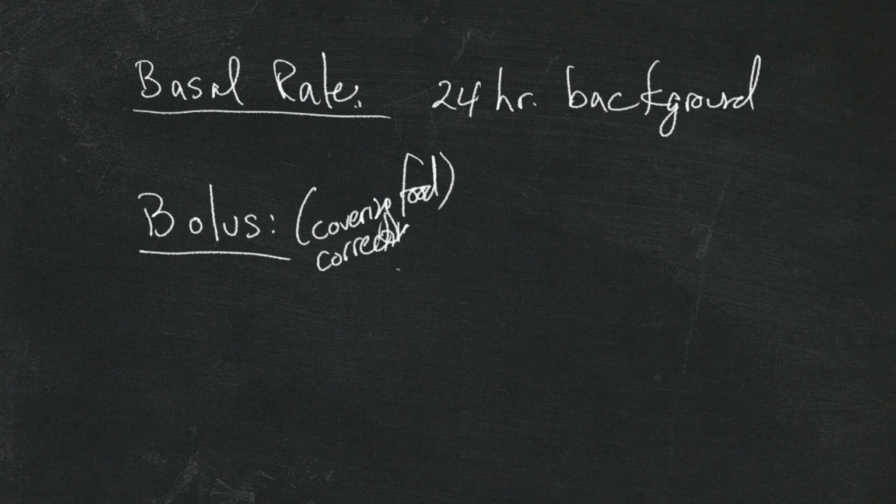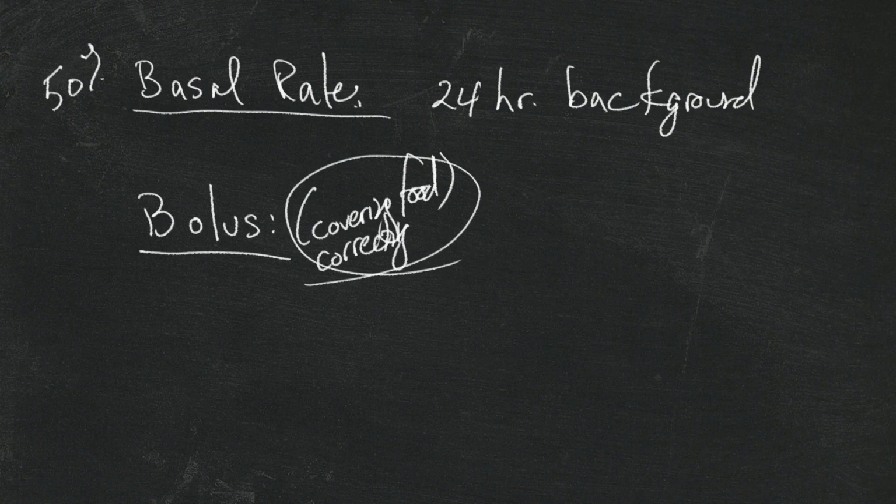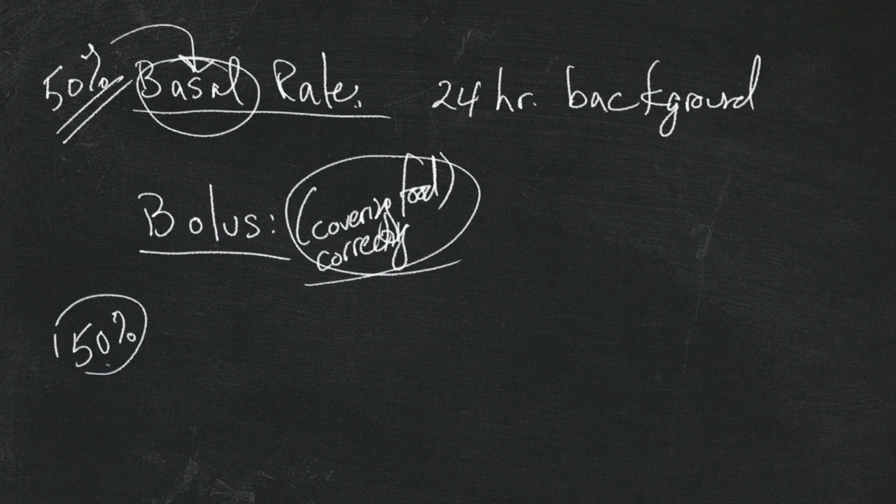And we need that, as I said, for covering food and for quick shots. 50% of your total daily dose is approximately assigned to the basal or the background, and the other 50% you have to play with for your boluses to cover food and making corrections and that kind of stuff. That's what we do with the 54 units.